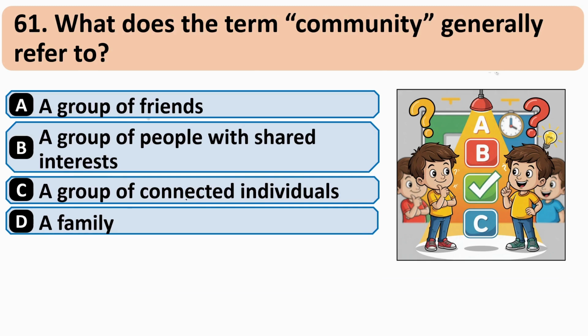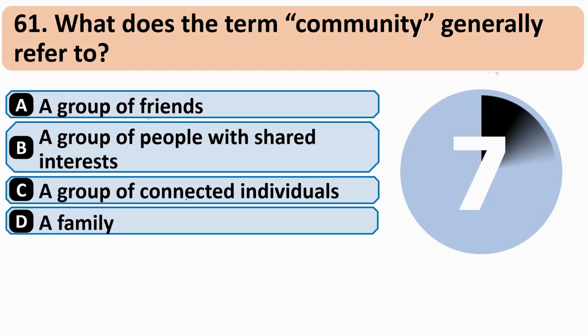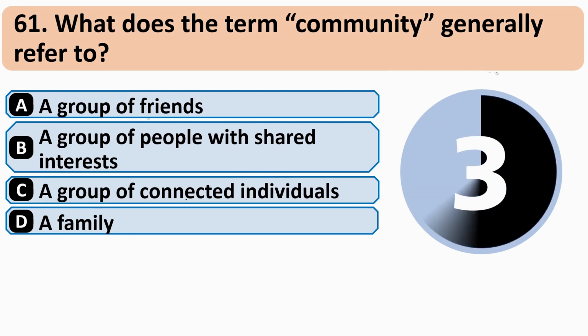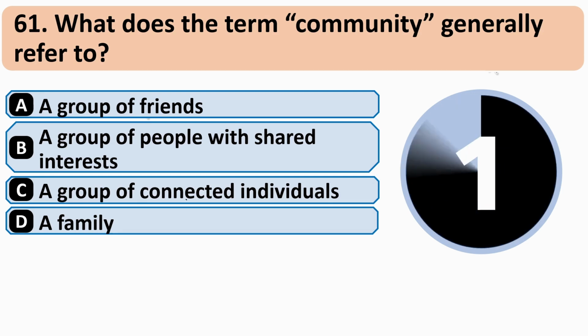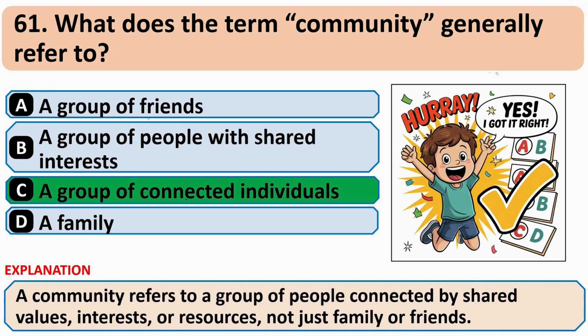What does the term community generally refer to? And correct answer is C, a group of connected individuals.